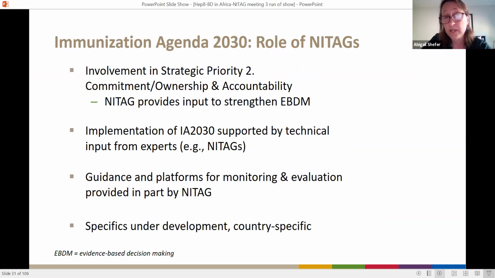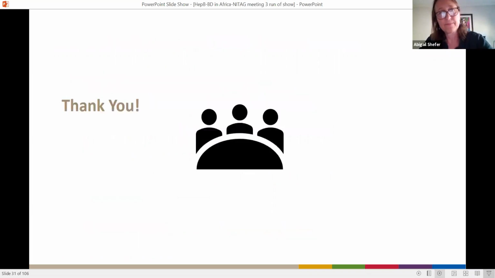So these are all going to be areas where progress is presented and discussed, and maybe recommendations for how to make improvements. So specifics are really under development, and these will all be country specific at the end. But it's good to remember the NITAG role in IA 2030. So next slide. And that's really all I was going to talk about.